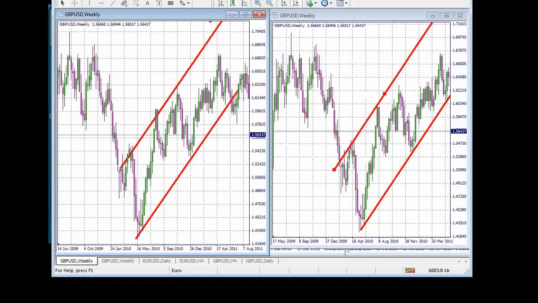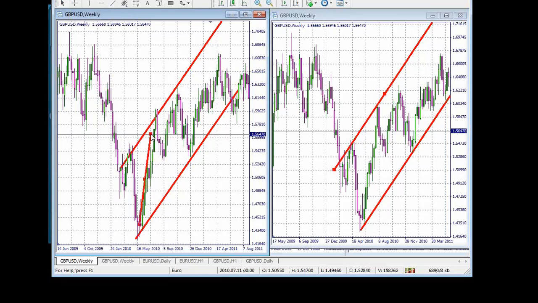Okay, now I want to go into the chart and show you some examples. I will start with pound-dollar, and here we are on the weekly chart. What we can see in the market is an uptrend, and here we have the waves.